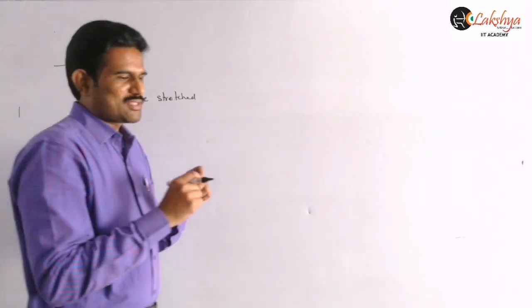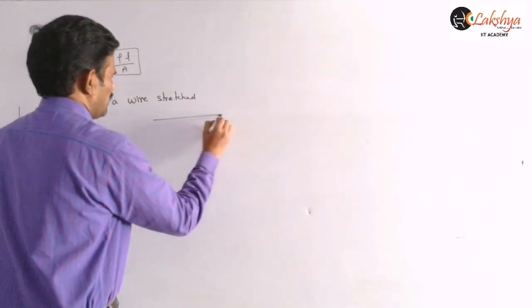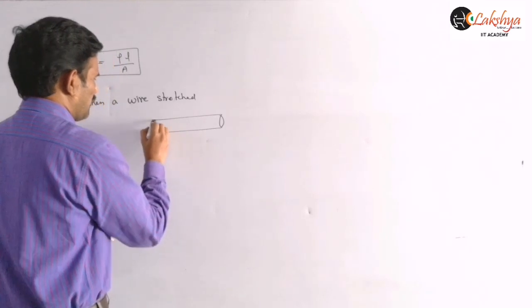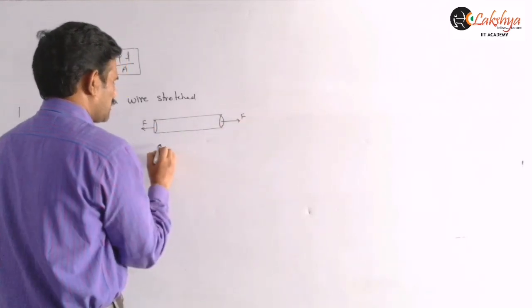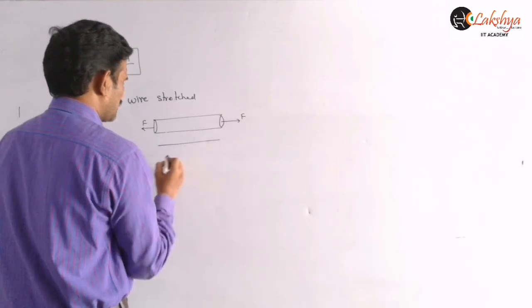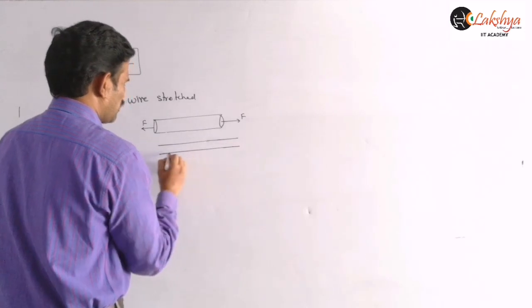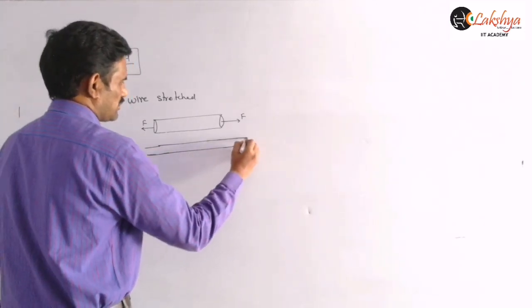When the wire is stretched, then we know its length changes and area of cross section also changes. Suppose you are taking a conductor like this, and we are stretching this by applying force like this, and this point we discussed already in the elasticity topics. When you are stretching this, the area of cross section will decrease and the length will increase here, right?